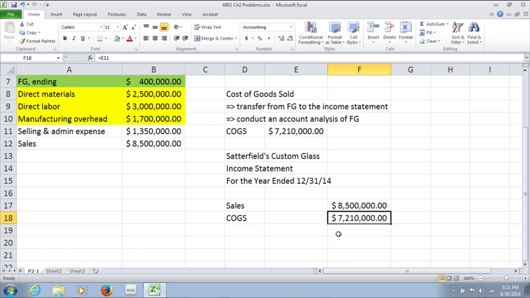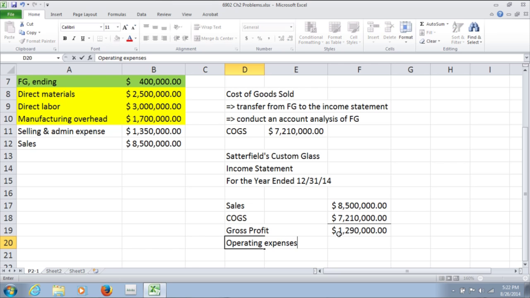Then in the income statement, we have a couple of calculations. We take the sales number and subtract that, and that gives us our margin over our production costs. We call this number gross profit or gross margin. And then we have our operating expenses or selling administrative expenses.